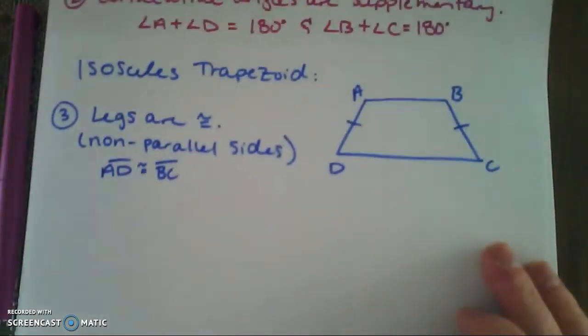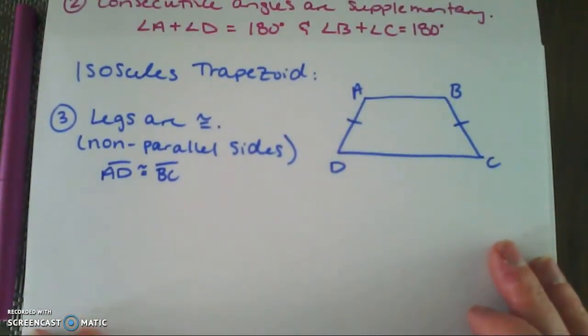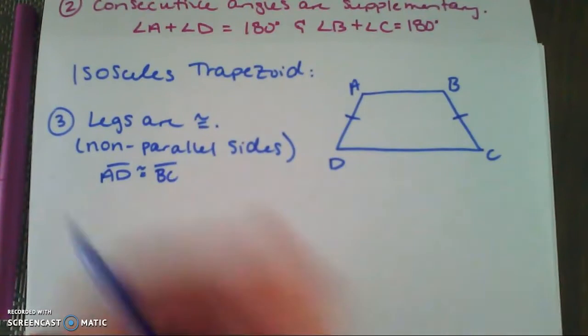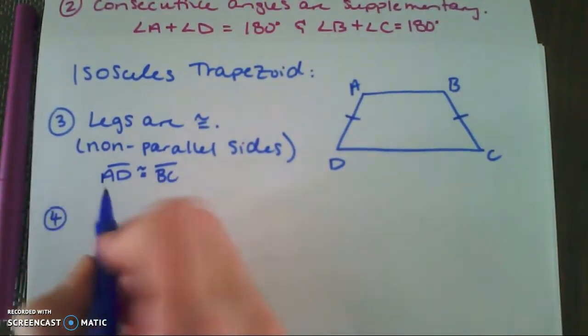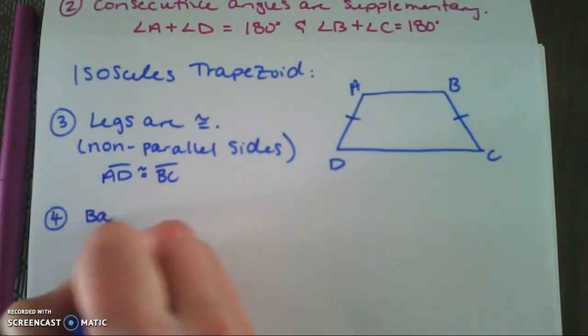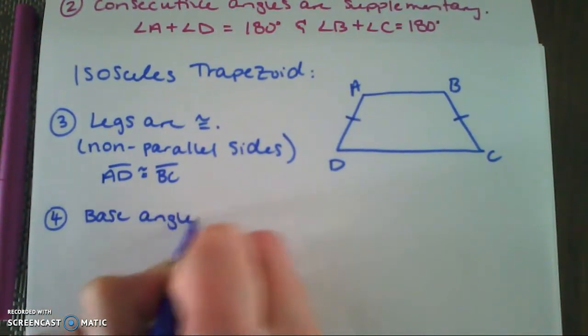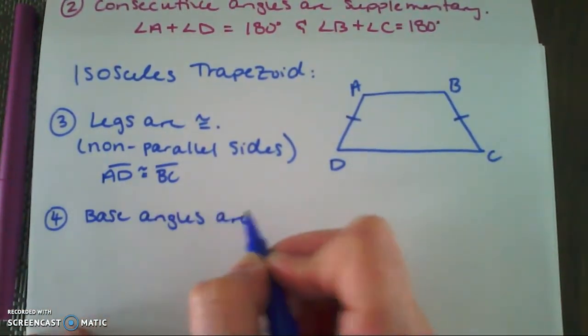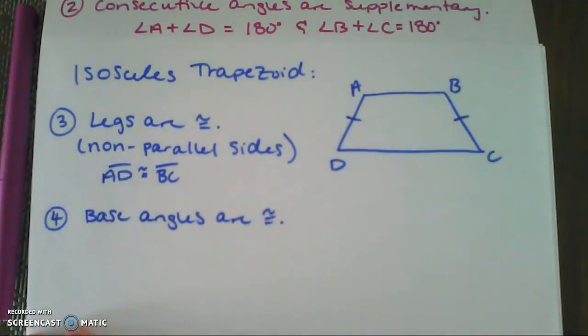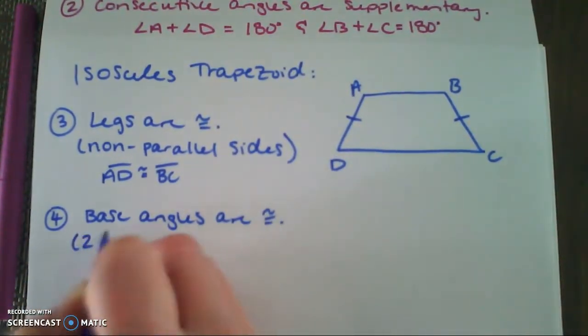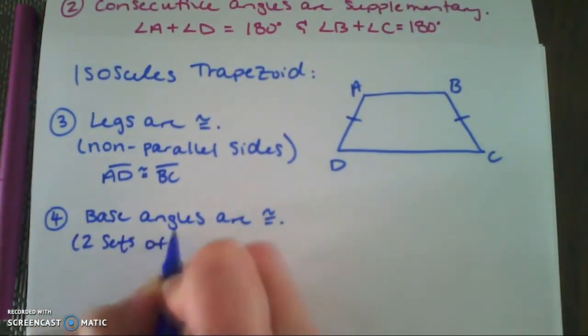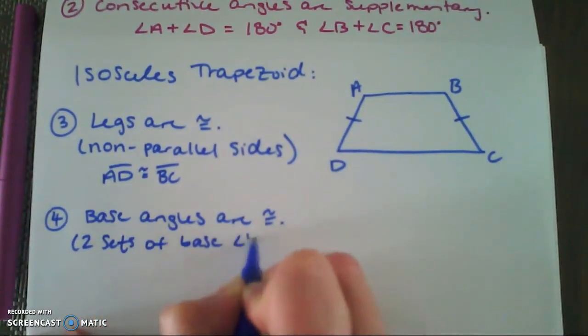Next property is that the base angles are congruent. Base angles are congruent. There are going to be two sets of base angles.